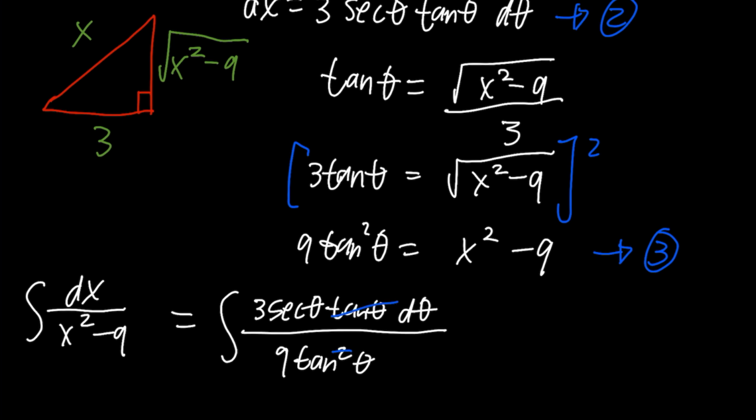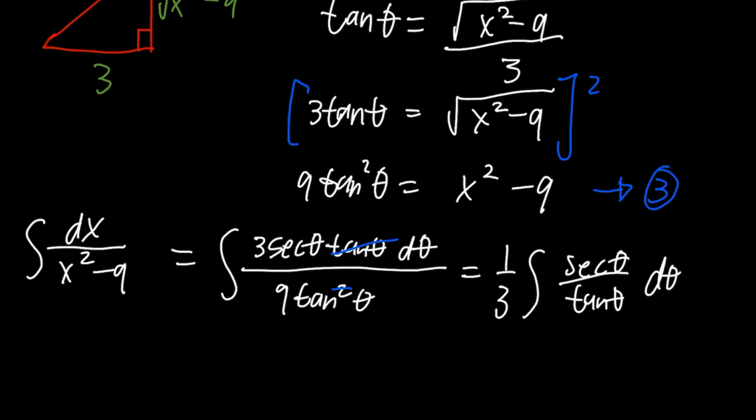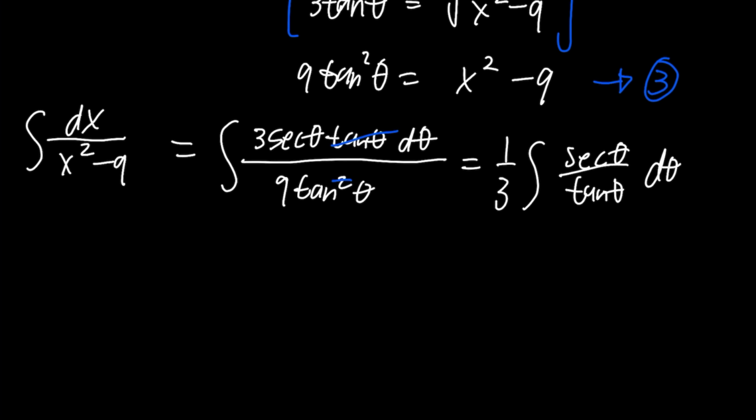Then we can cancel one tan here, and let me just rewrite the problem. So 3 over 9 is equal to 1/3 the integral of secant theta tan theta d theta.